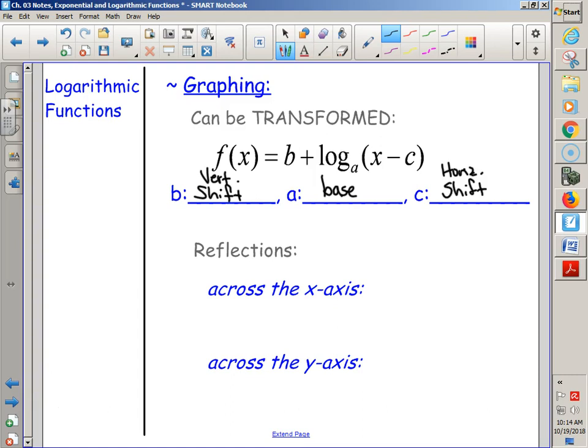It gets slower. So if a gets pulled, just think of a rubber band, it's going to get flatter. But if it gets smaller, like 1/2 or 1/3, which rarely ever happens in the logarithm, it would get steeper then. But reflections, we remember this one.